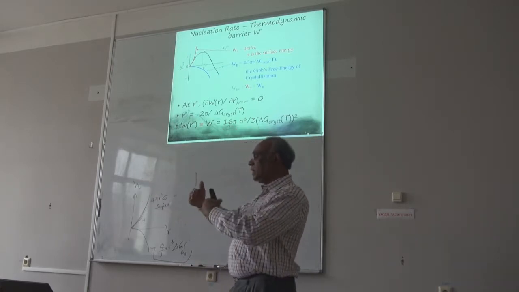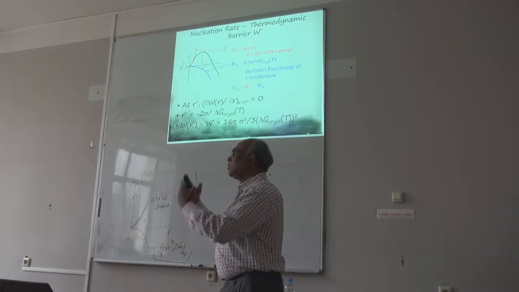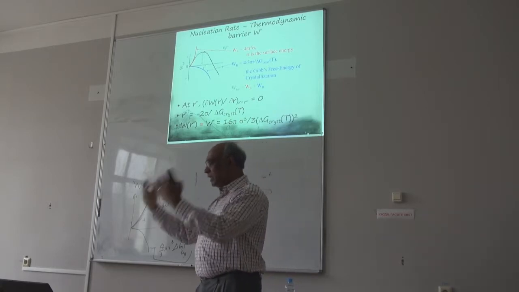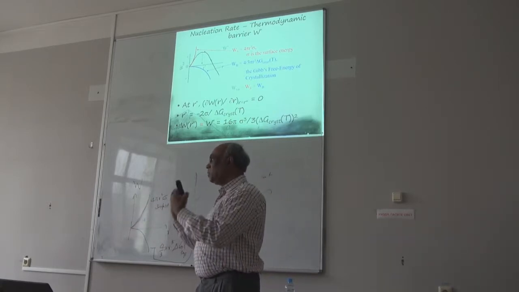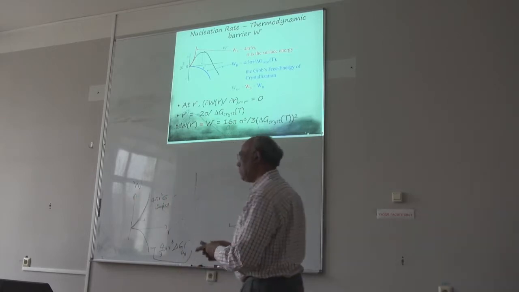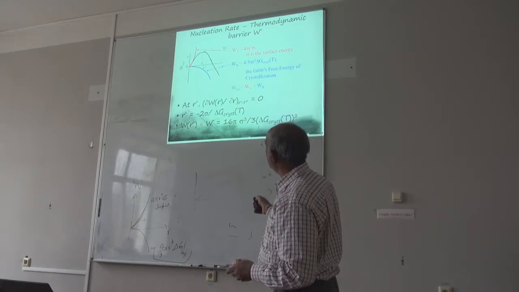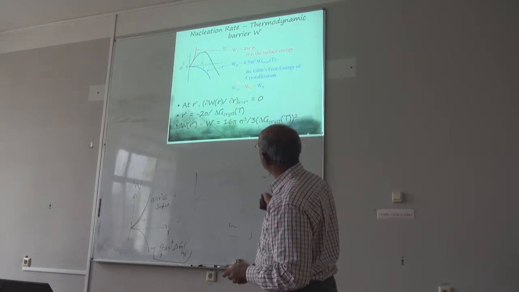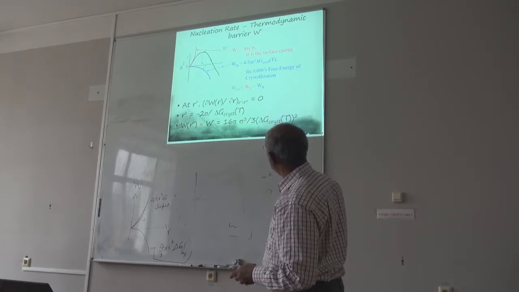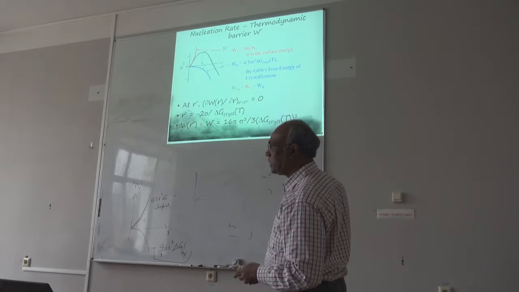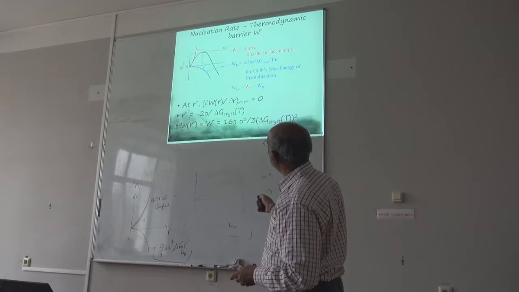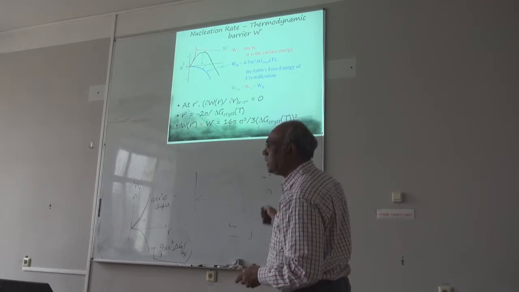So you need to exceed that barrier to grow the crystal. That's why you sometimes need to heat it or pressurize it or do something to overcome that barrier. You can see that barrier is given by this number here. It depends on your surface area and also the Gibbs free energy difference. So in order to grow the crystal, you need to first overcome that barrier here.